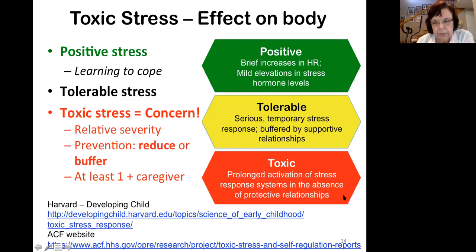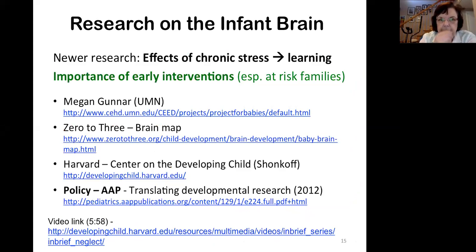So if you have limited resources and are in poverty, you really are at high risk for this toxic stress, which can then affect how you adapt to your world as well. And one of the points I would like to reinforce is that if you have at least one positive caregiver, even if your parent has mental health issues, that usually can bode well for the child as well.